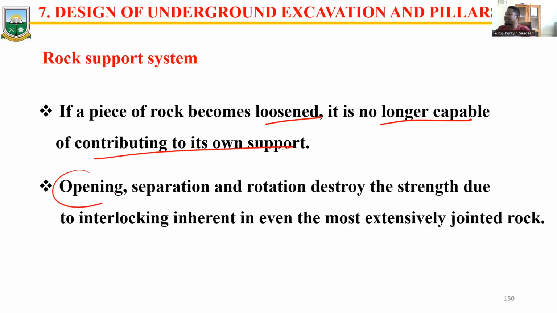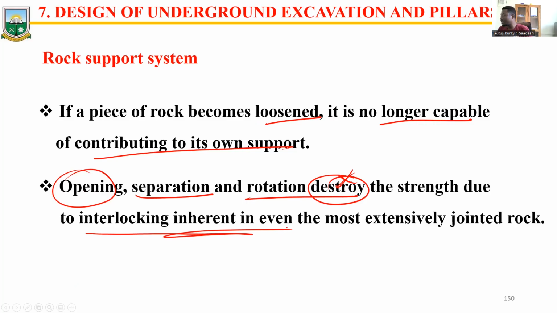And so any activity such as opening, separation, or rotation we do will destroy, this is the key word, will destroy the strength due to the interlocking inherent in even the most extensively jointed rock mass.